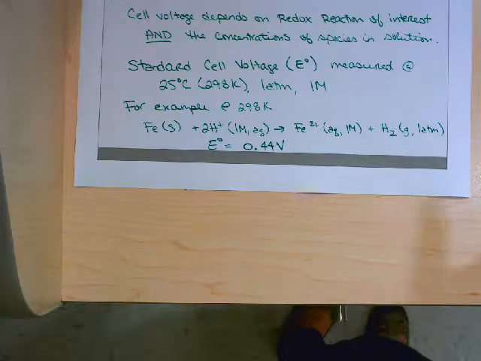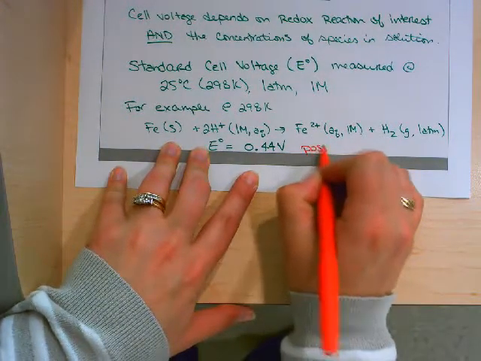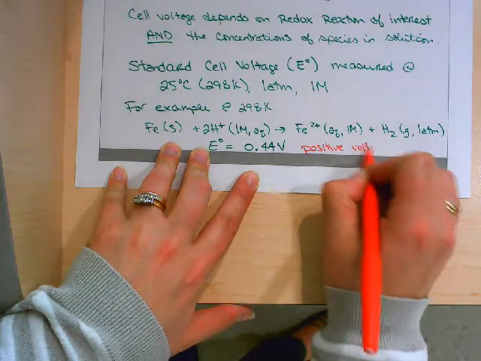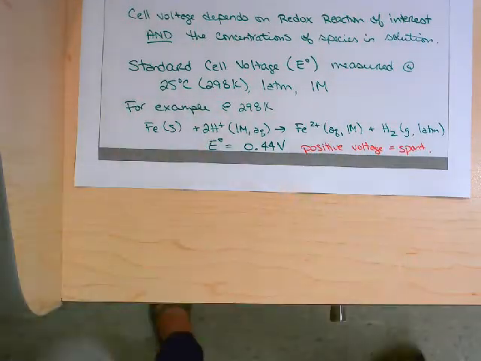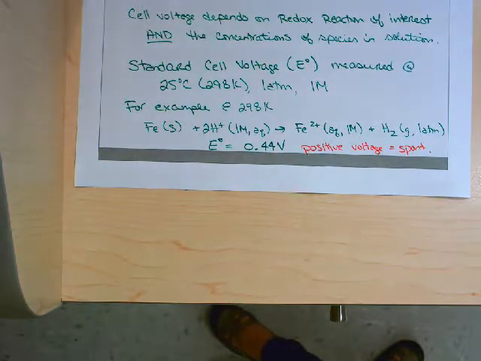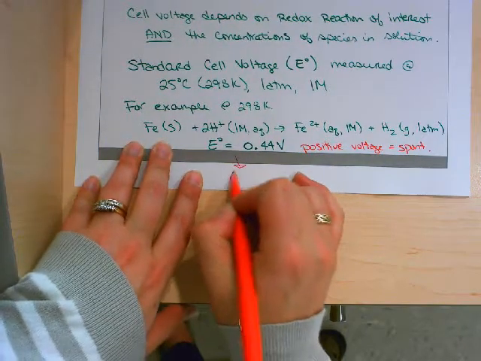Is that now spontaneous, based on what we said on Wednesday? Yes. Good. Positive voltage, spontaneous. So then what should the delta G for this reaction be? Positive, negative, 0? Negative. It would have a negative delta G.